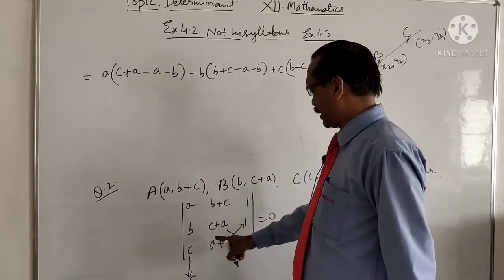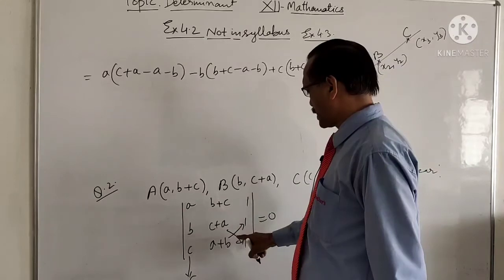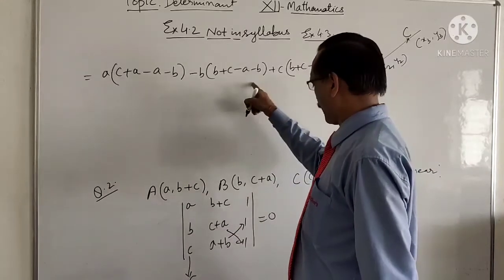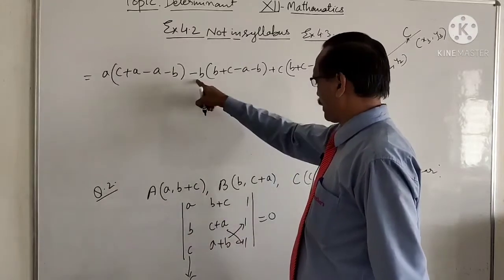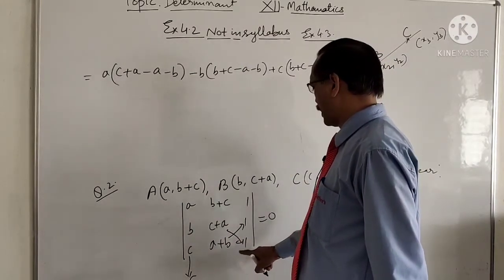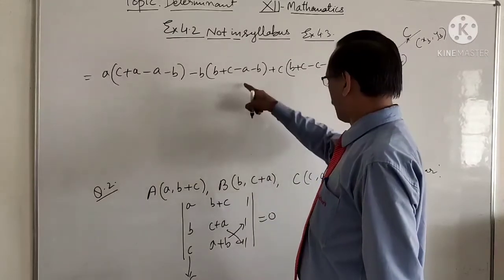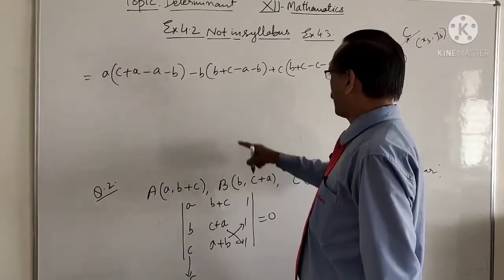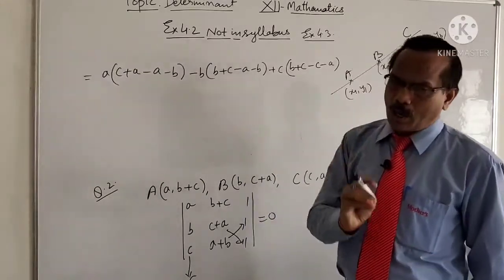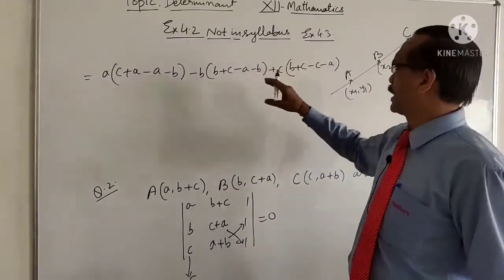For a, we will multiply c plus a with 1, then minus a plus b into 1. Then for b, there is a minus sign convention, then b plus c multiplied with 1, then a plus b multiplied with a 1, and there is a minus sign. When we go down to up, then there is a minus sign.